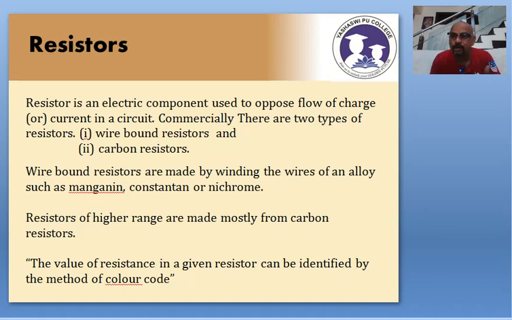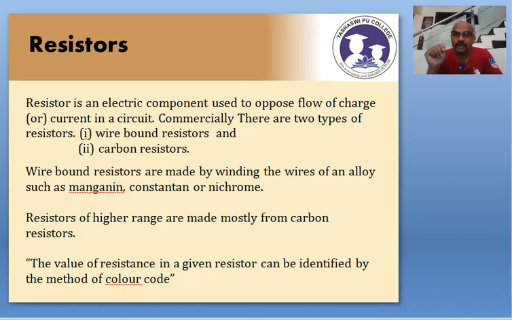R is also equal to rho L divided by A. So what is resistance? Resistance is the opposition to the flow of charges. It is the opposition to the flow of current in the conductor. A resistor is an electrical component used to oppose the flow of charge or current.